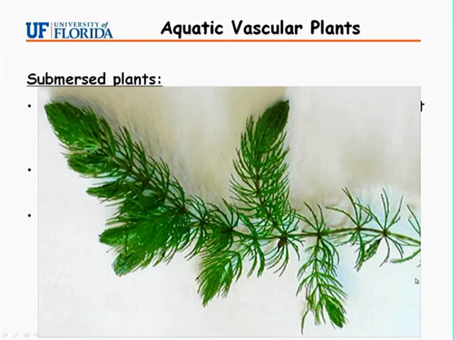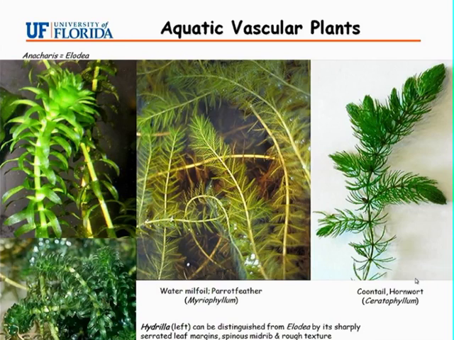So here's another submerged aquatic plant. This one here is whorled; this is coontail. But a lot of these, although they can be anchored by root systems, a lot of times the growth will be so hardy that a lot of the growth will actually come out of the water, even though as a group they're still called submerged aquatic plants. So examples on the upper left is Anacharis.